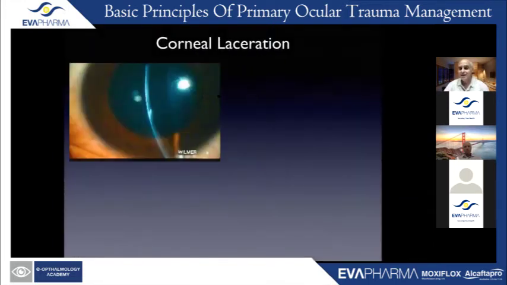So corneal lacerations can happen in a penetrating trauma in different grades, and you have to evaluate and always suspect in any penetrating trauma that the patient will have a foreign body. So understand by examination and by the history what the trauma was with, follow the tracks, look for it.